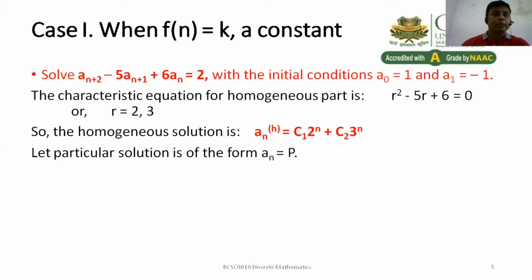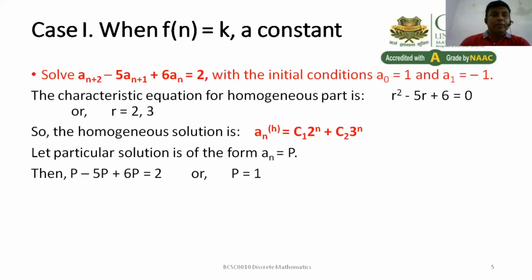So that's why we have to put the value of a_n in the given recurrence relation. Since the value of a_n is p, therefore the value of a_{n+1} as well as the value of a_{n+2} will also be equals to p, because it is not dependent on n.